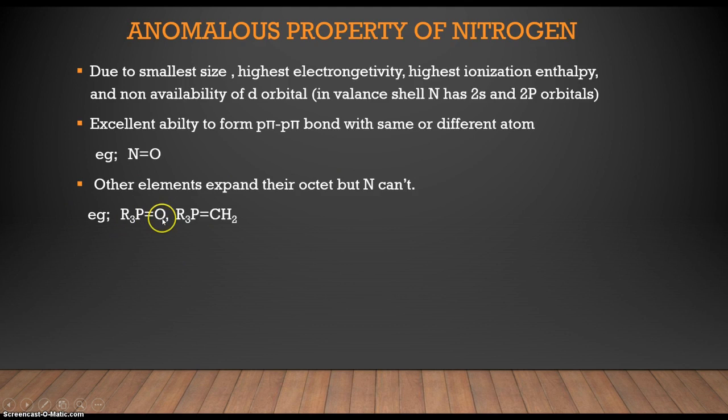So there are 10 electrons around the phosphorus atom. Okay, so phosphorus is expanding its octet, but nitrogen will not be able to expand its octet, and for this reason, anomalous property is shown by nitrogen.